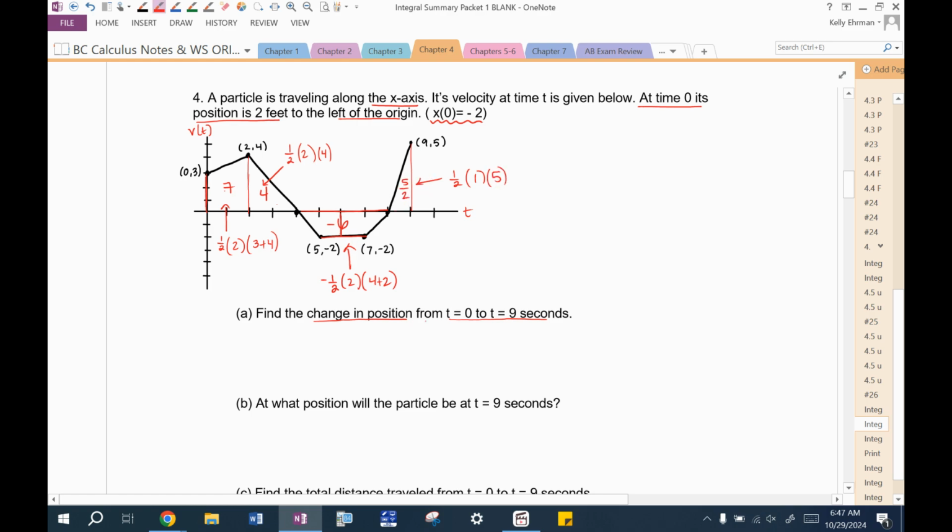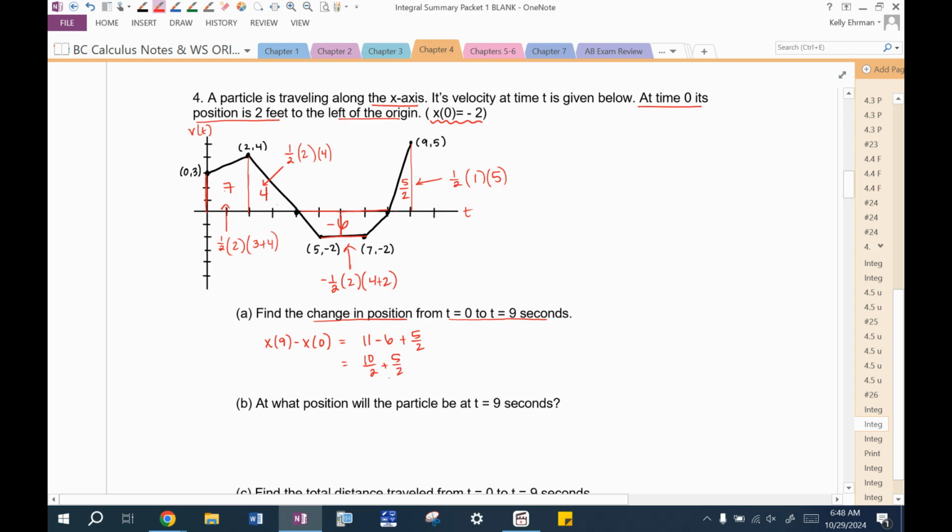Okay, so find the change in position from 0 to 9. So this is basically telling me, what is x of 9 minus x of 0? So I don't have a formula for x, but I can say, okay, that's just going to be 7 plus 4 is 11 minus 6 plus 5/2. So this is 10/2 plus 5/2.